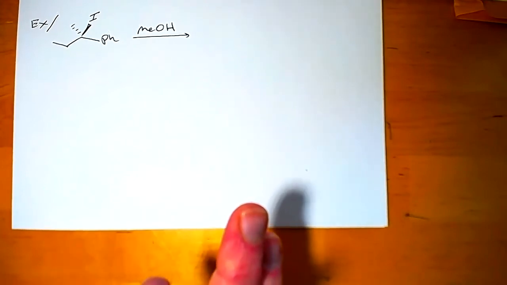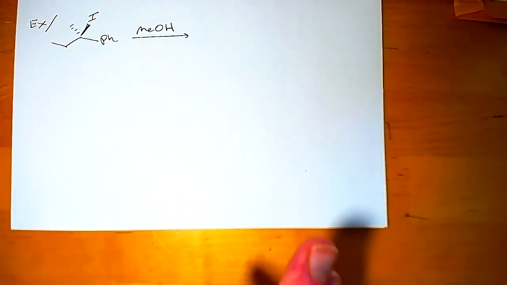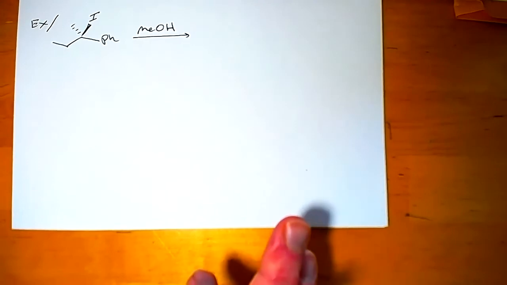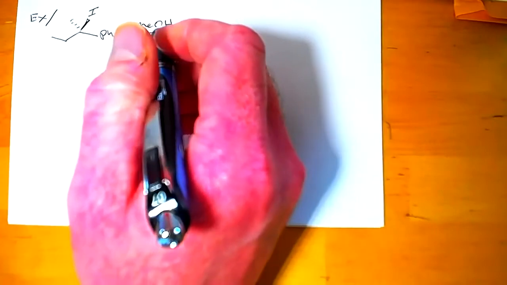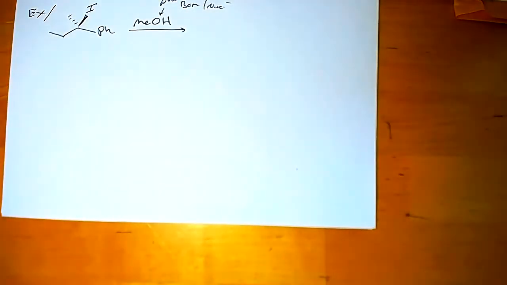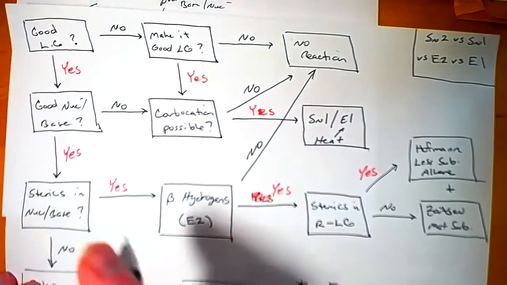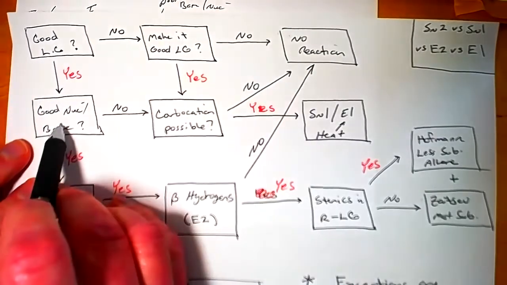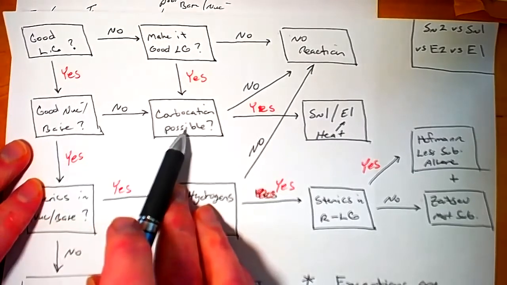So we've got a good leaving group there, yes, but we don't have a good nucleophile or base. This is actually a poor base/nucleophile. So if you remember where we were in our chart, good leaving group, yes, but not a good nucleophile/base.